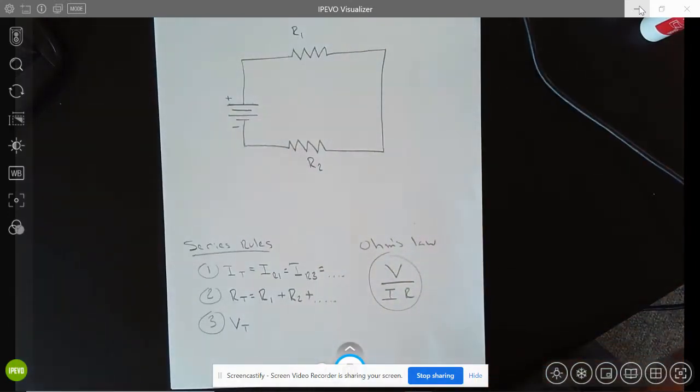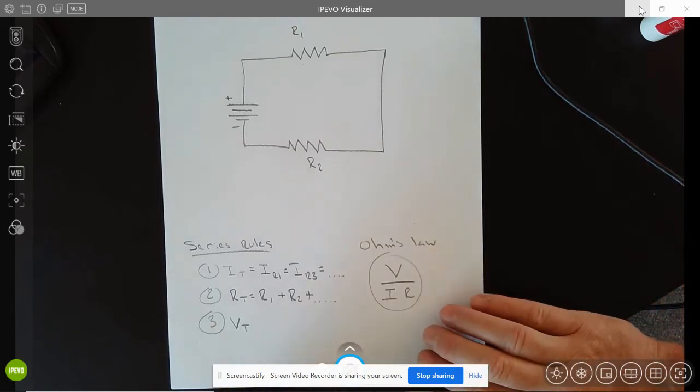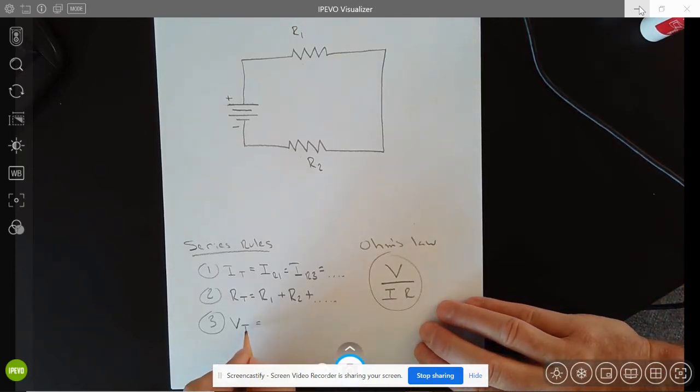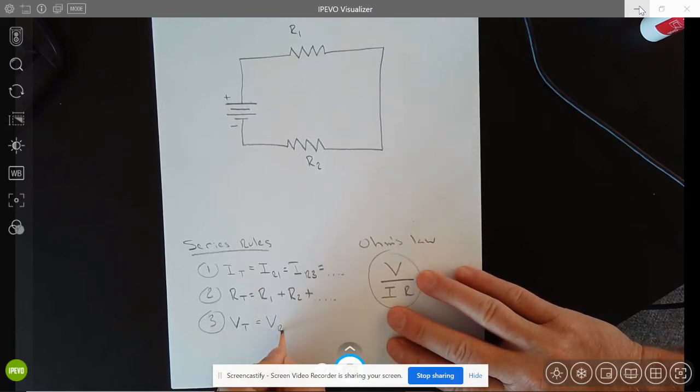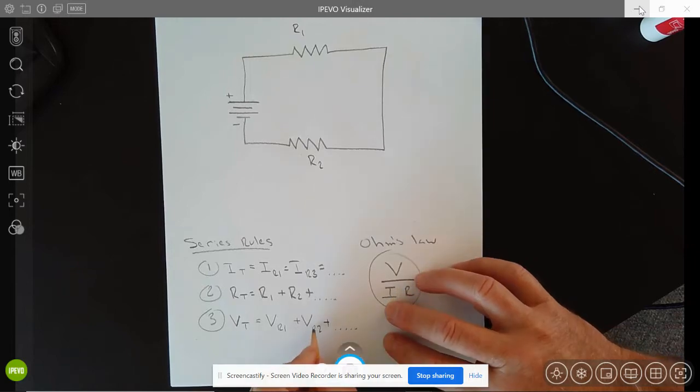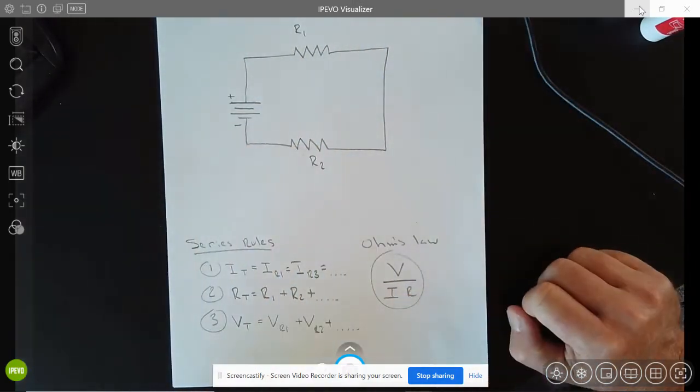Another way to say a series circuit is a voltage divider circuit. If I want to write that, voltage total equals the voltage across resistor 1 plus the voltage across resistor 2 plus however many you have. So basically, the sum of the voltages in each of these guys.